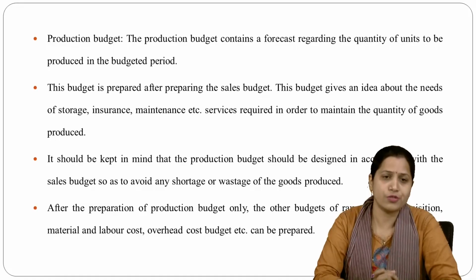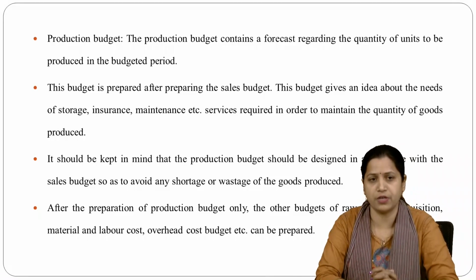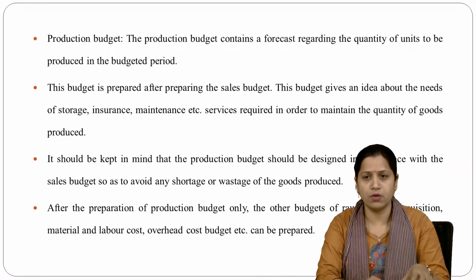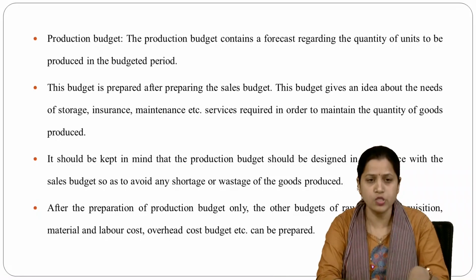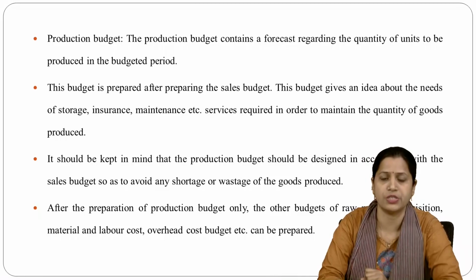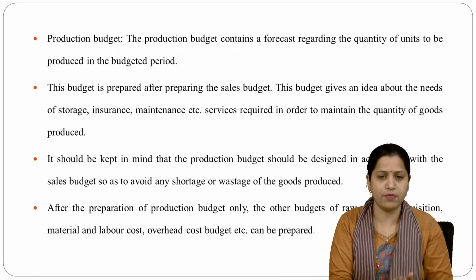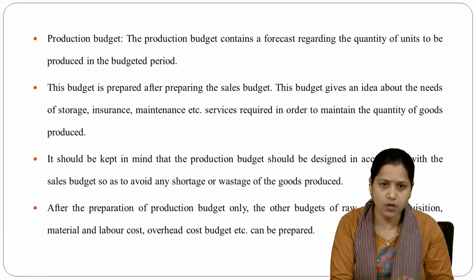Now, what is the production budget? The production budget contains a forecast regarding the quantity of units to be produced in the budgeted period. How many units we are going to produce in that period is estimated in the production budget.